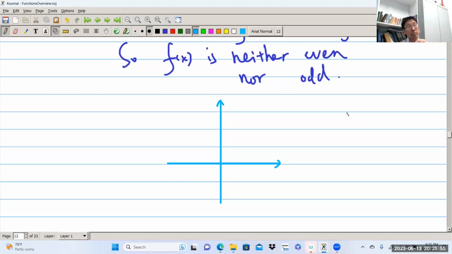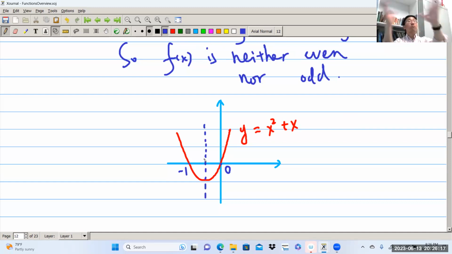Do you agree? So it looks like this. This is y equals x squared plus x. It is equal to 0 at 0 and equal to 0 at negative 1, with this axis of symmetry here. Obviously, this curve is not symmetric about the y-axis. It's not symmetric about the origin either. So that's why it's not an odd function, and it's not an even function.